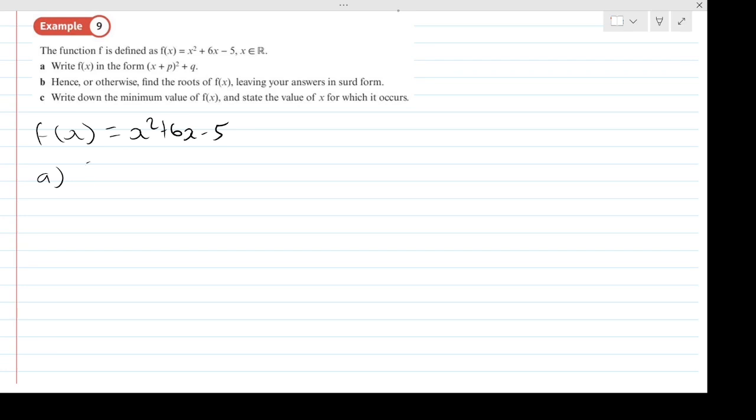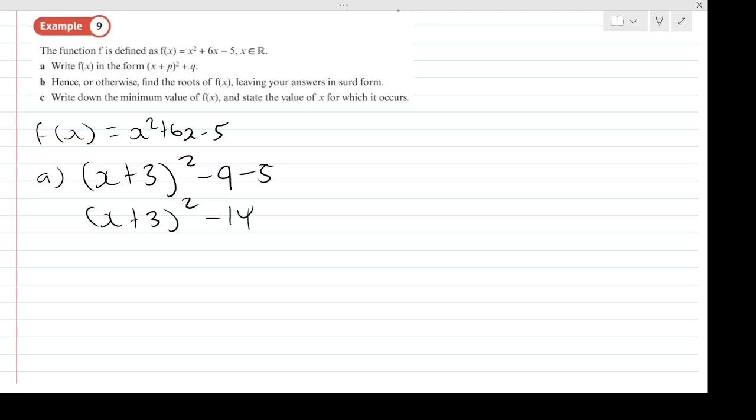So to complete the square, we have a bracket x, and then you halve the 6 to get plus 3, all squared. Then take away 3 squared, which is minus 9. Then we have the minus 5 at the end. Then that'll go to x plus 3 all squared, take away 14. And there we are. That's written in that form now.